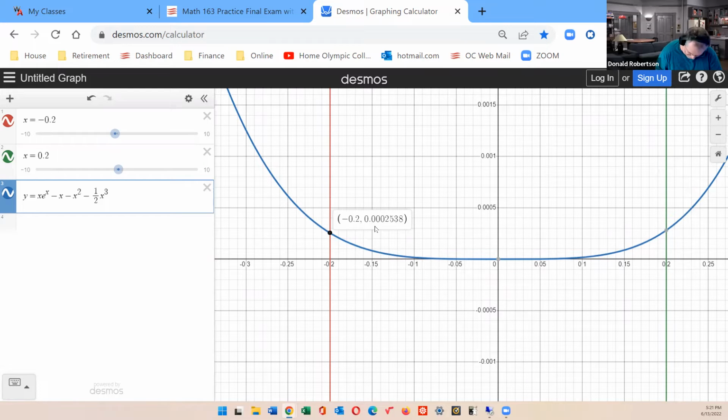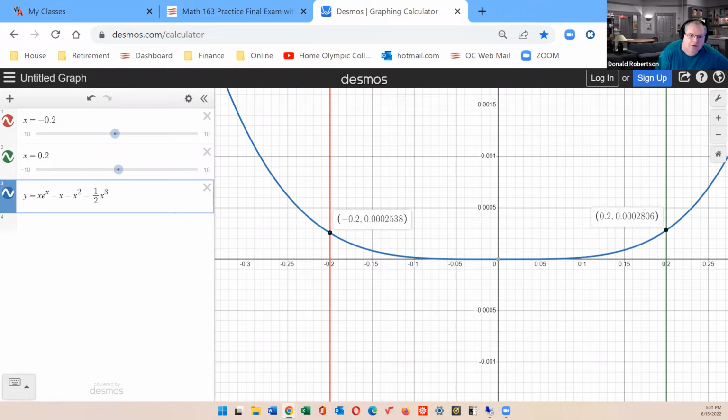0.0002538. And if you go to this side, you get the error of 0.000286. Right, one of those numbers is going to be the guy we're looking for.